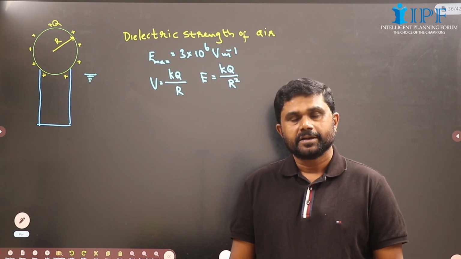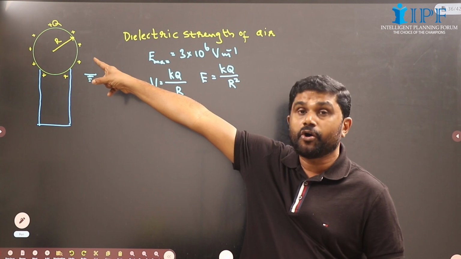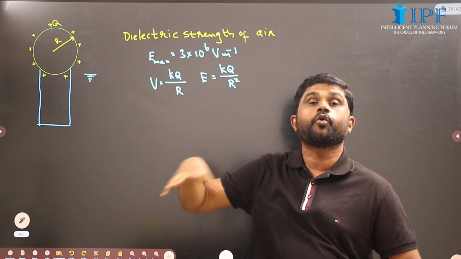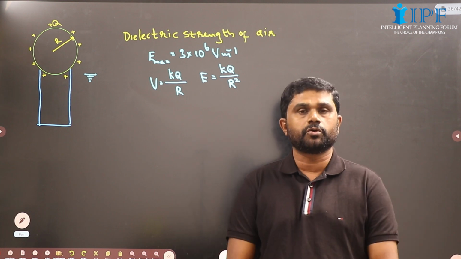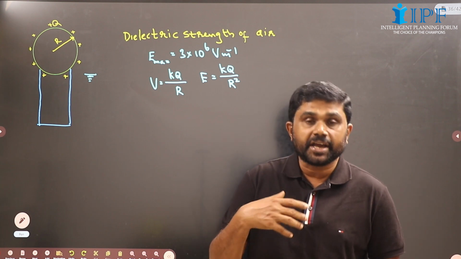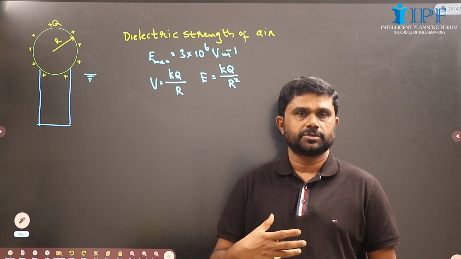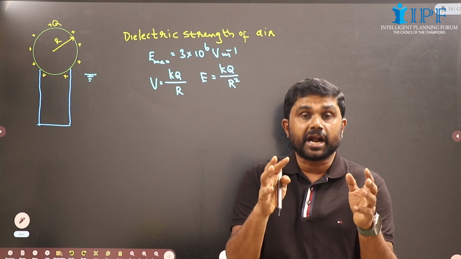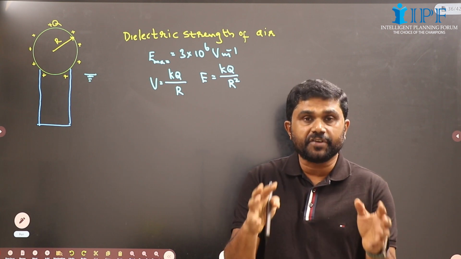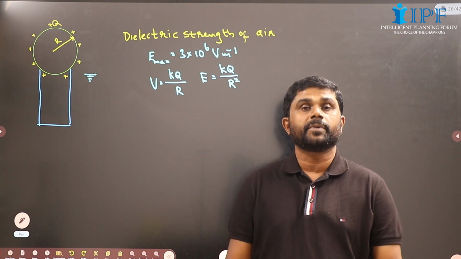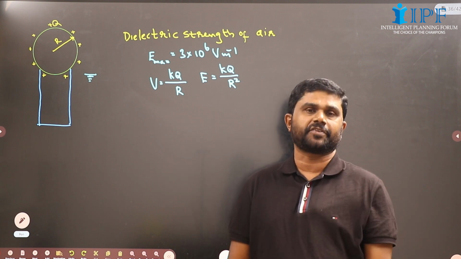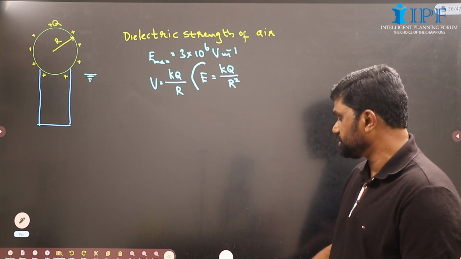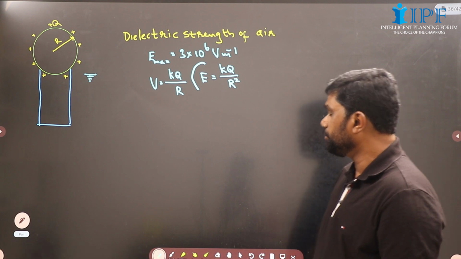If the field on the surface exceeds this value, the whole charge on that sphere will go to the earth. So we cannot give unlimited charge to any sphere or any conductor. We can give charge until the intensity of electric field on the surface of the conductor reaches the dielectric strength of air.